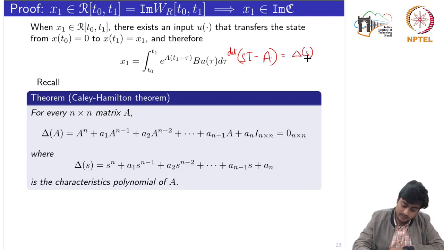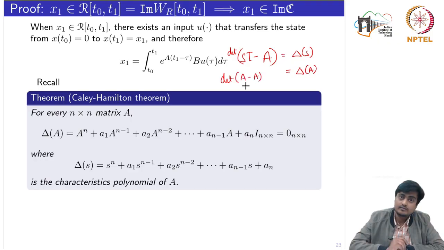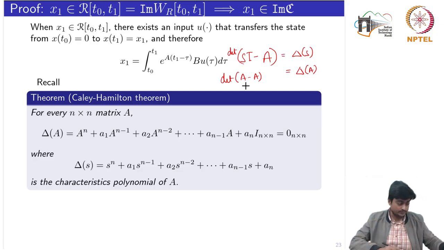Basically, this is delta of S. Now if I replace S by A, I would have determinant of A minus A, so it would be equal to 0.